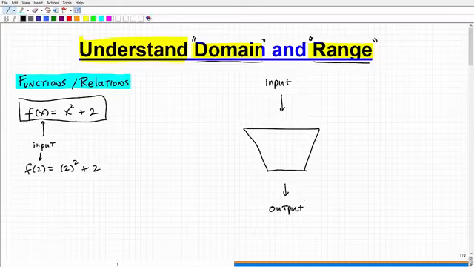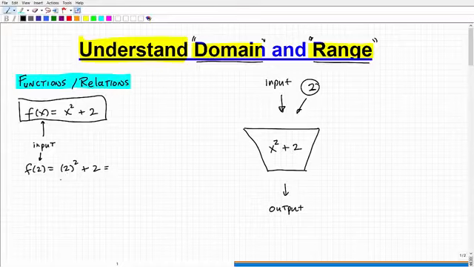So for this particular function, the rule is: whatever numbers we plug in, we're going to square those values and add 2 to them, and that's going to be our output value. If I input a 2, we feed it to this machine, the machine takes that 2, squares it and then adds 2. That's the same thing as what I'm doing over here.